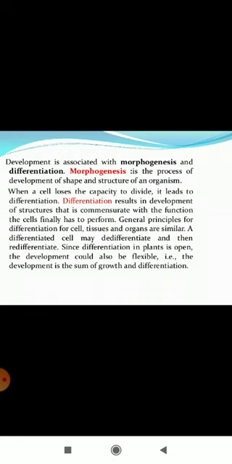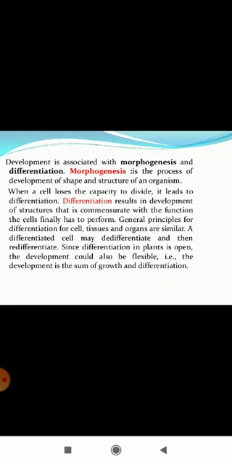Now, what is dedifferentiation? Dedifferentiation simply means when a mature cell again gets the capability to divide, that is known as dedifferentiation. That means a differentiated cell again becomes meristematic and it divides. The third process is redifferentiation.